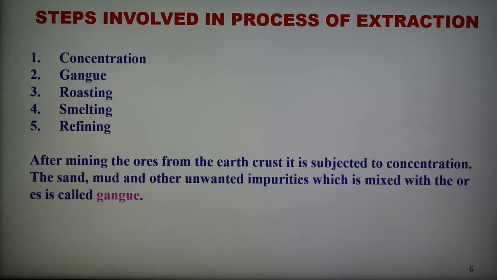It is quite essential to remove these impurities so that they may not cause any interference in the process of extraction. The removal of impurities from the ore is known as concentration of the ore.